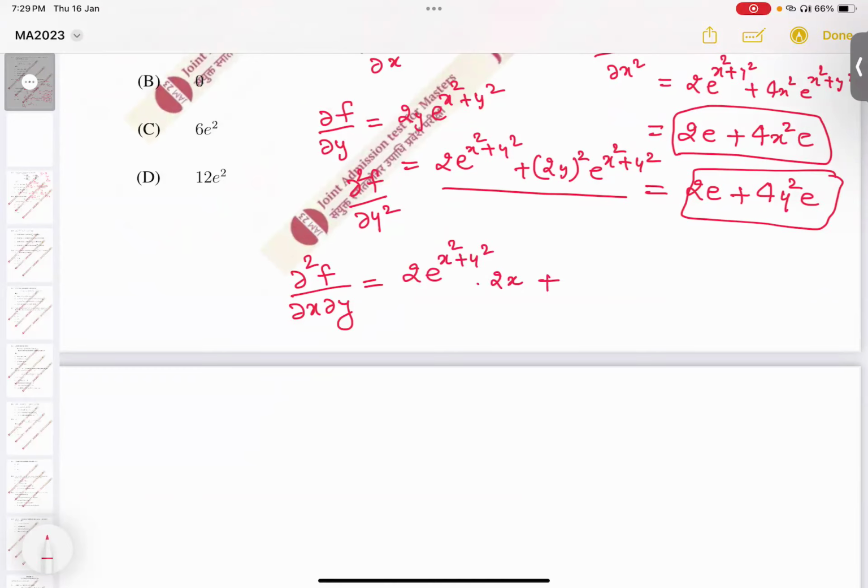Plus 4y square e to the power x square plus y square, 8y e to the power x square plus y square, plus you will have 4y square and 2y e to the power x square plus y square. Are we doing something wrong?